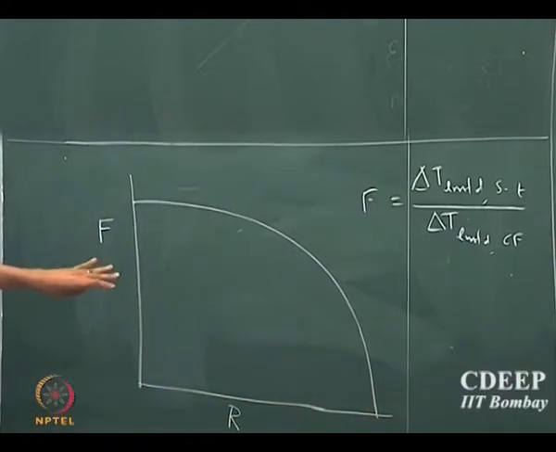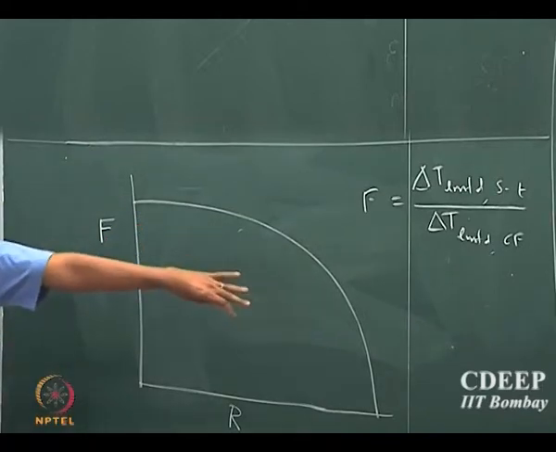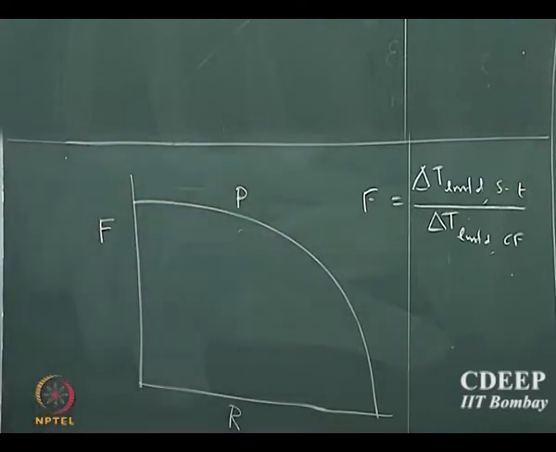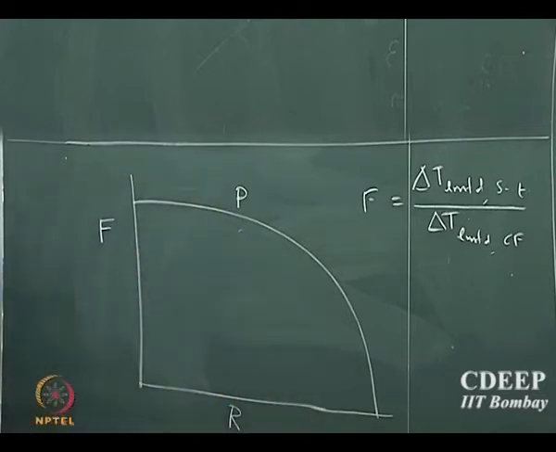We are not going to look at these expressions in this course, but the general behavior, for a specified value of P, is a profile where F goes from, what is the range for F? 0 to 1.